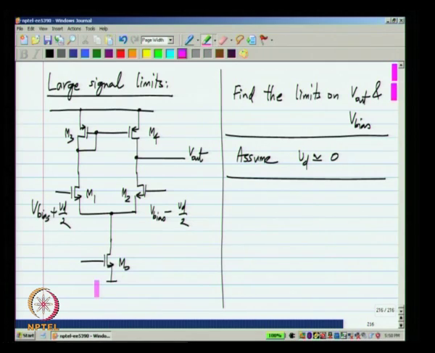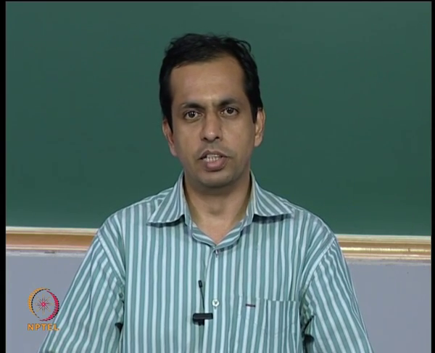So, I will remove Vd from this picture. Now, what happens if V out increases? If V out goes on increasing, the transistor M4 will get squeezed, that is its VDS will reduce and that can go into the triode region. And when will that happen?